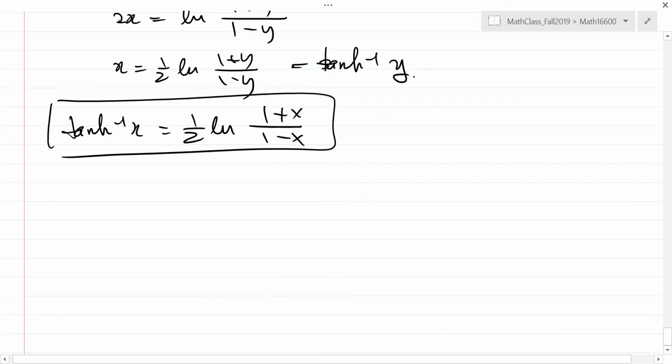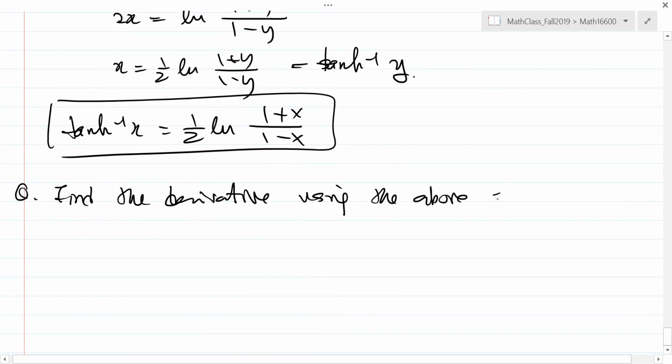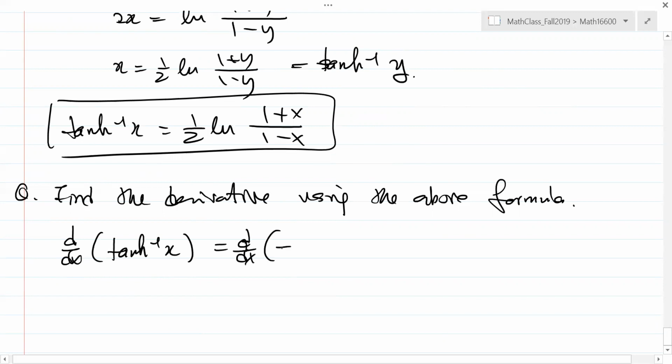From here, you can also find the derivative using the above formula, and you end up with the formula you already got. Since the derivative of this is going to be the derivative of half of the natural log.